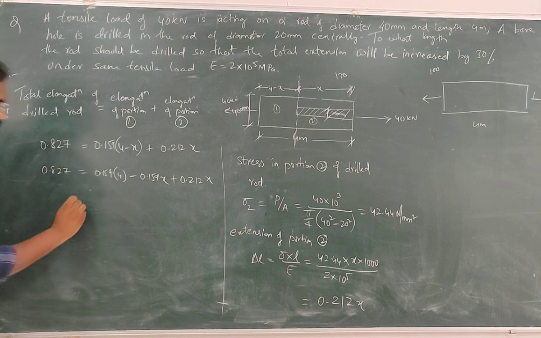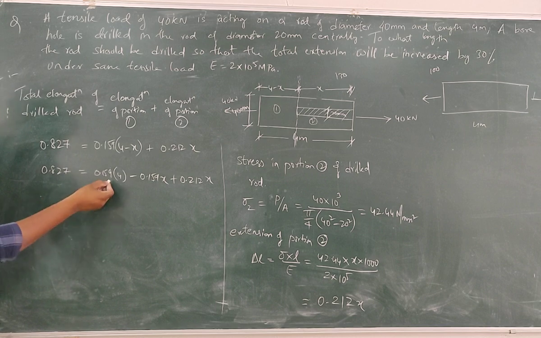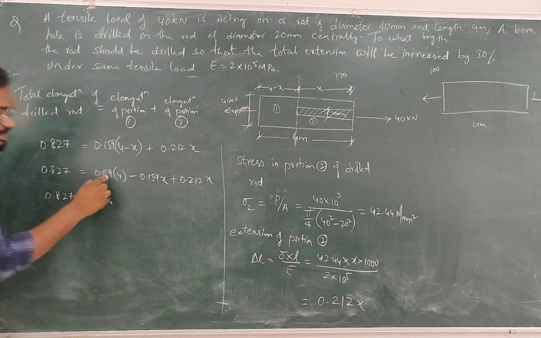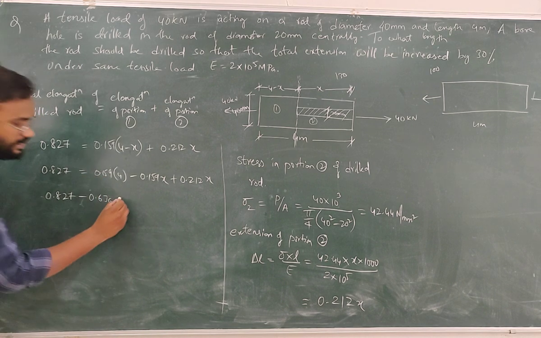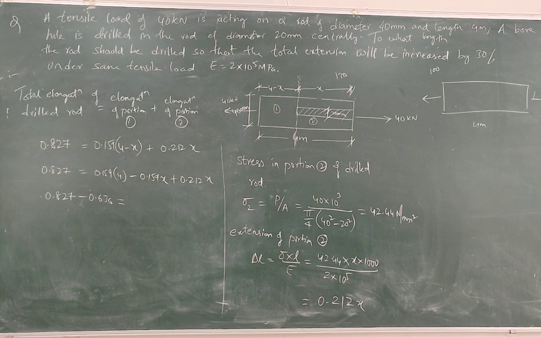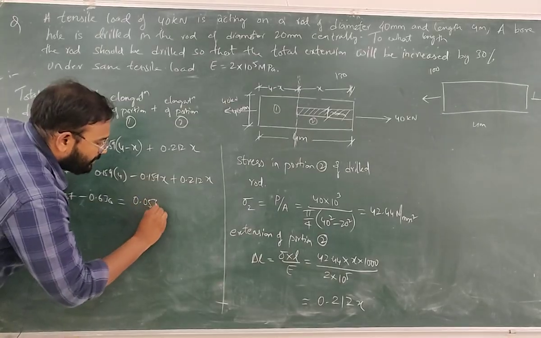Tell me what is the value of x from this one. Simplify. Tell me what is the answer for 0.159 into 4? Minus 0.636. This coming on this side will be negative. Is equal to, what is 0.212 minus 0.159? 0.053x.